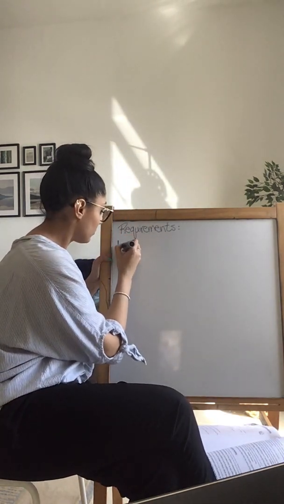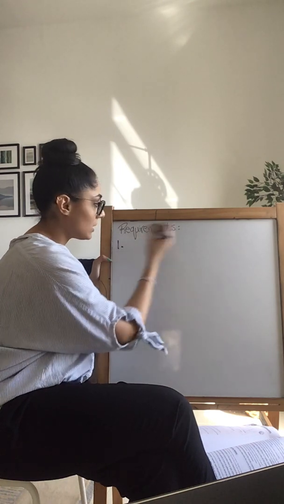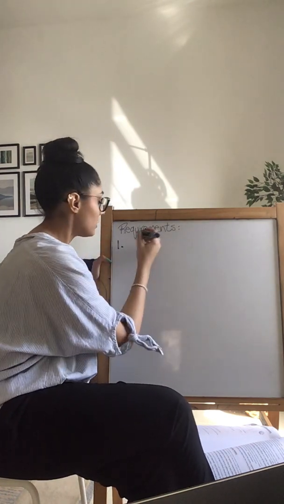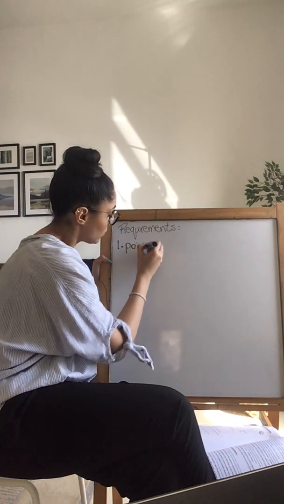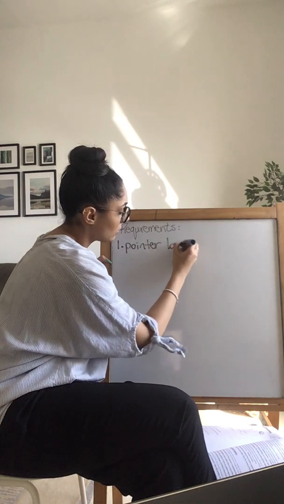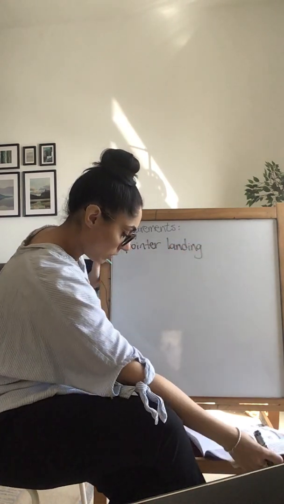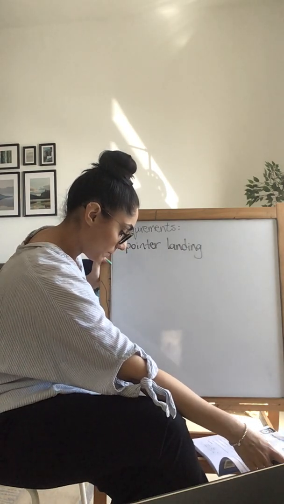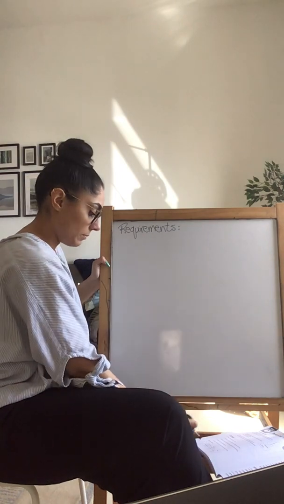So first, it has to be, so we need to design it. Okay, let's say requirements is that the pointer landing, actually should I do one separate ones first? Yeah, let's do some single ones first, okay, before we get to the big guys.